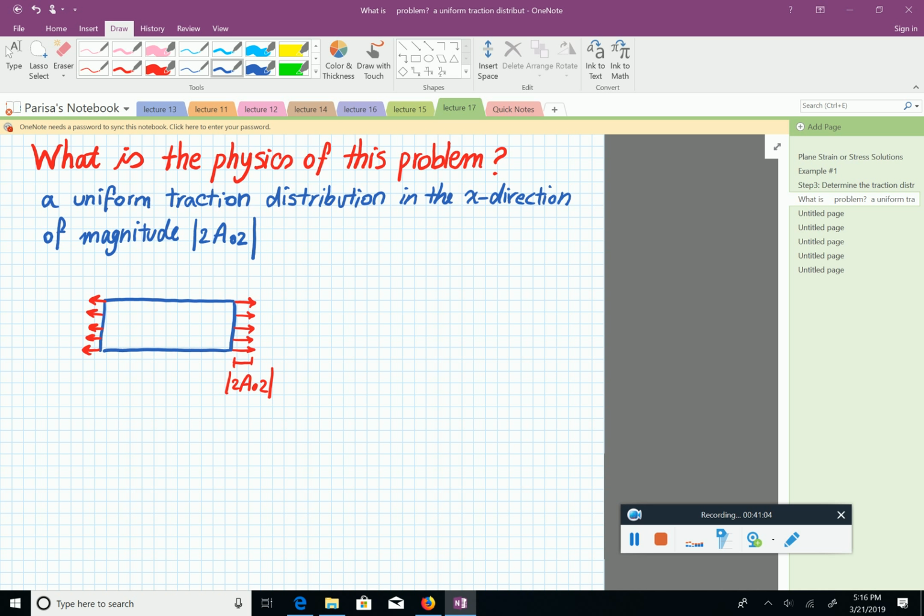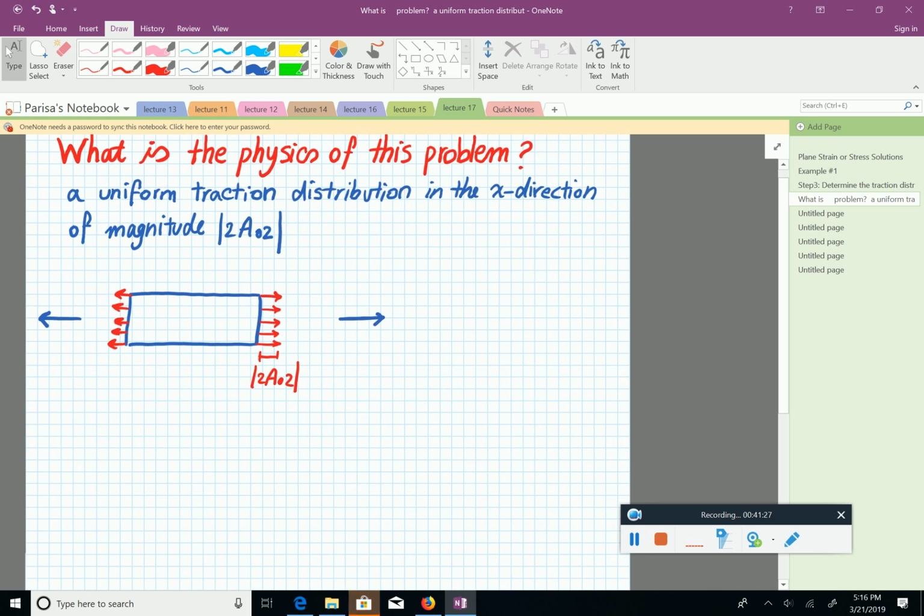But now, continuing on what Tony said, if you use Saint-Venant's principle, you can say that this problem is equivalent to the problem you all thought about a long time ago, right? This problem. So if you are far from the boundaries, this is similar to a problem where you are applying a concentrated force.